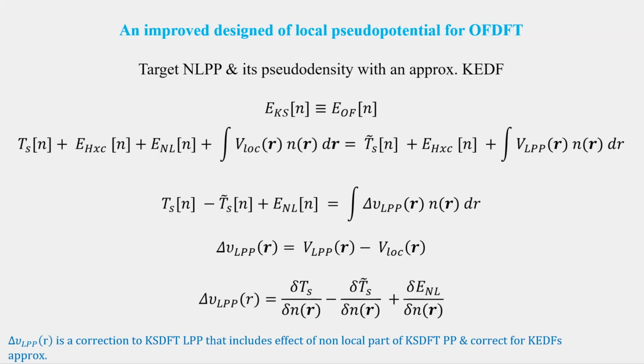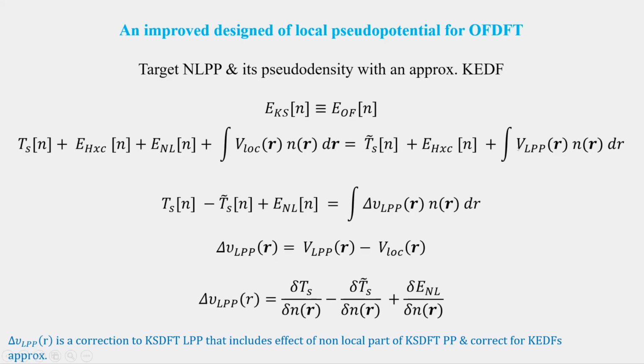We start by imposing that the energy functional from Kohn-Sham be equivalent to the energy functional from orbital free DFT. By implication, this shows us from the next equation that the exact kinetic energy functional approximates the approximate kinetic energy density functional.